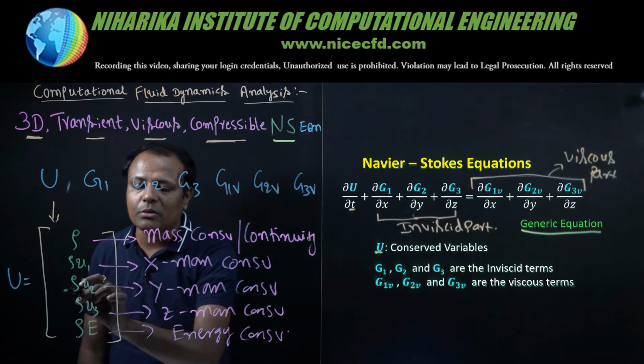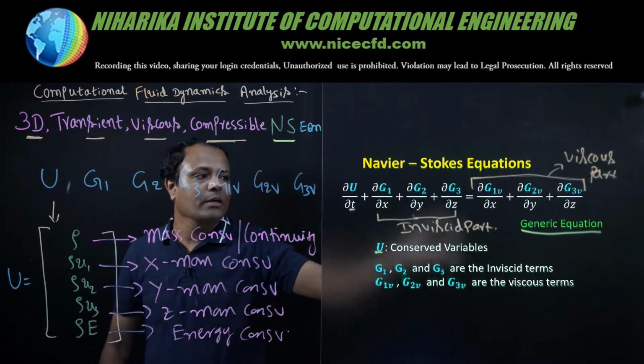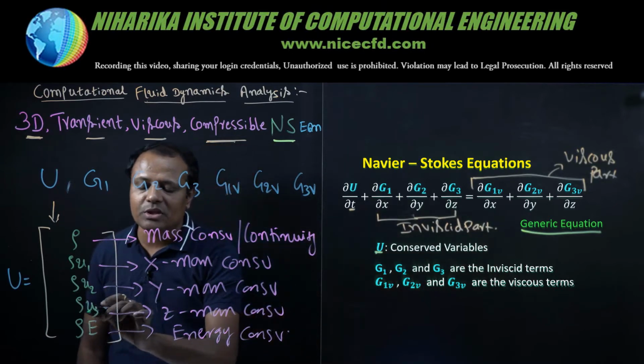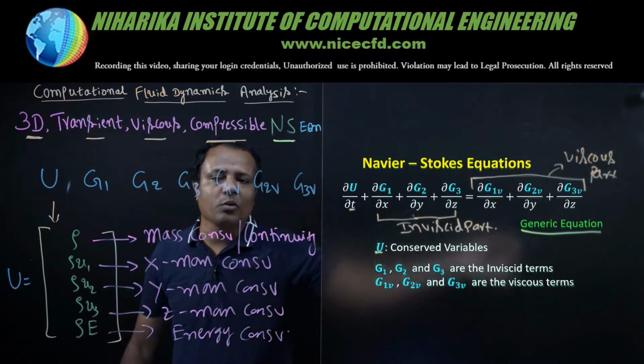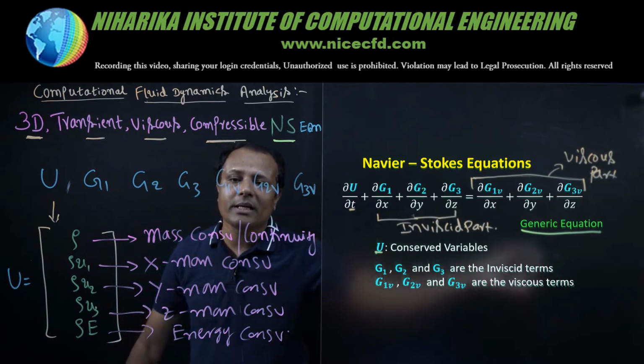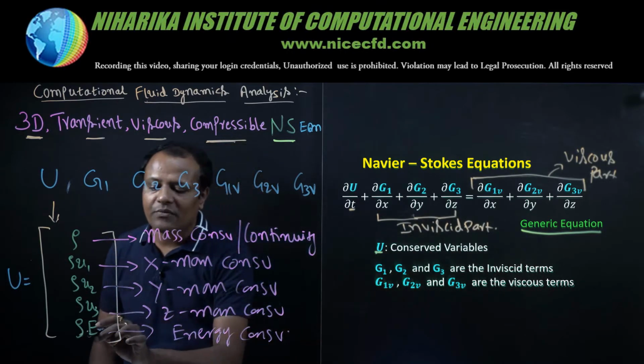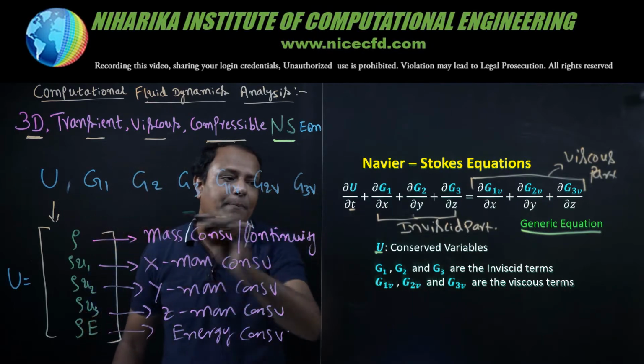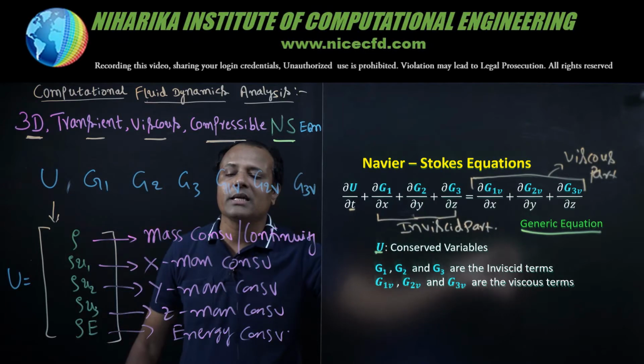If I substitute the third entities, I am going to get the Y momentum conservation equation. If I substitute the fourth entities, I am going to get the Z momentum conservation equation. If I substitute the last entities of all these 7 matrices, I am going to get the energy conservation equation.